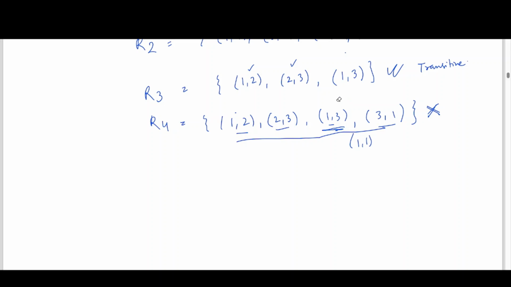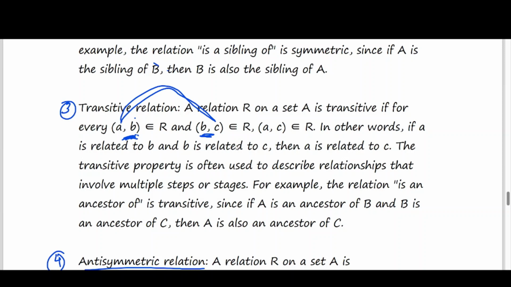Then only we can say whether it is that type of relation or not. So we have to check the condition for every element in the relation. For every AB belongs to R and BC belongs to R, AC should belong to R. Then only can we say that the relation is a transitive relation.